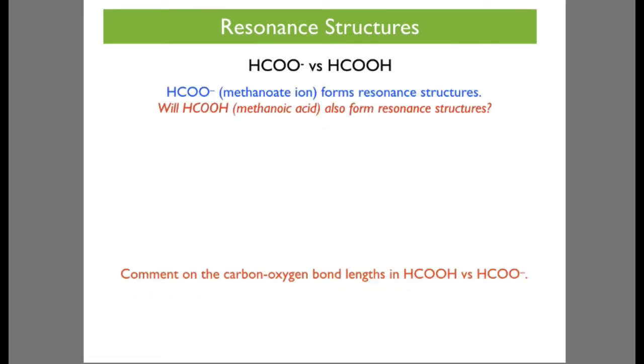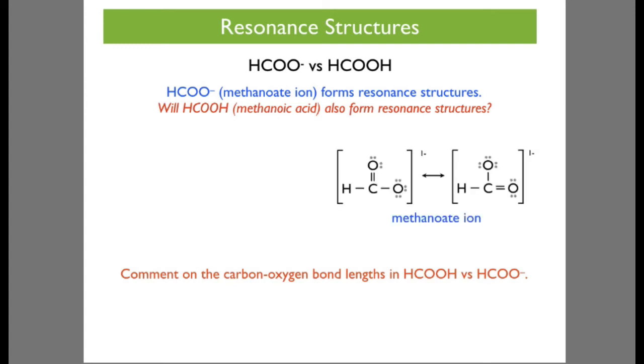Okay, let's have a close look at this methanoate ion, which forms resonance structures. Do you think that methanoic acid also forms resonance structures? What do you reckon? Well, the methanoate ion, as we know, can, because the double bond can spread out over here. The resonance structures are shown here and here.